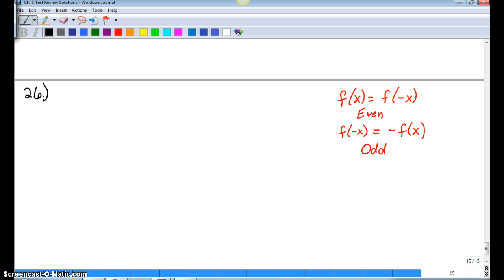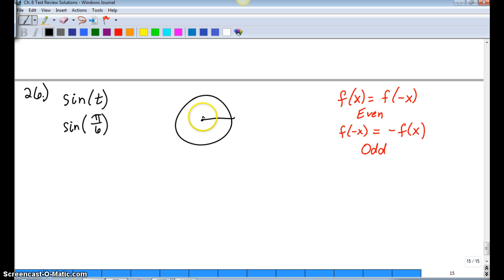26 just asks, is sine of t even, odd, or neither? Well, here's that negative angle identity concept. So if I chose sine of pi over 6, that means over here on my circle I went up pi over 6. We should all know that to be 1/2.